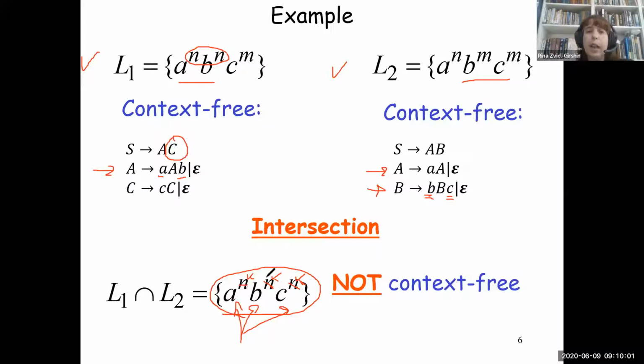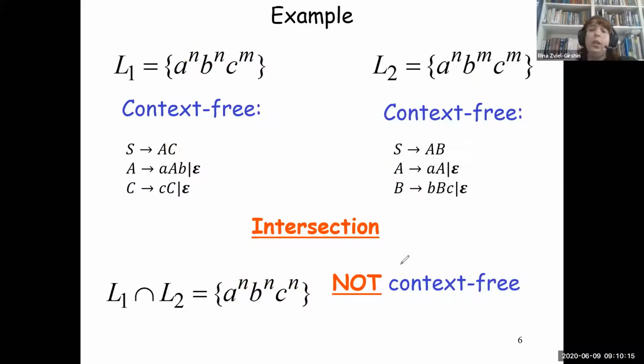So basically now in the course, we only know that the language A to the power of N, B to the power of N, C to the power of N is not a context-free language.